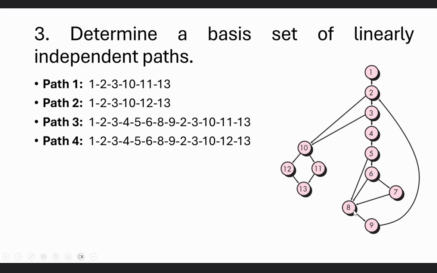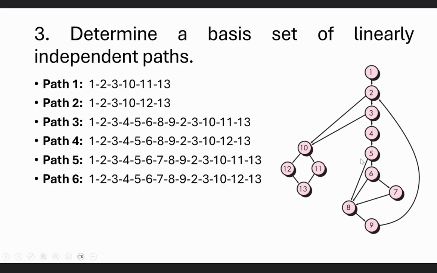So 5, 6, 8, 9, then again 2 and 3, and there are two ways, 10, 11, 13 and 10, 12, 13. And the next is 1, 2, 3, 4, 5, 6, 7, 8, 9, 2, 10, 11, 13 one path, and 10, 12, 13 one path. So there are totally 6 independent paths we can get using this control flow graph.